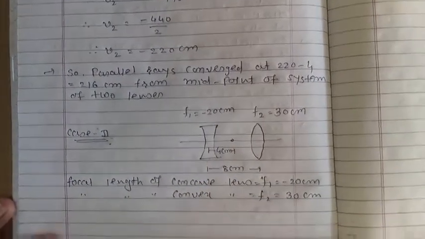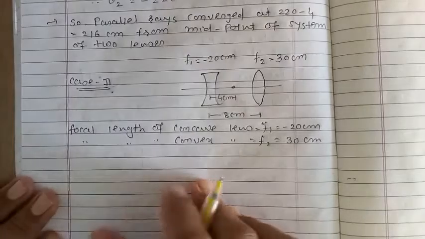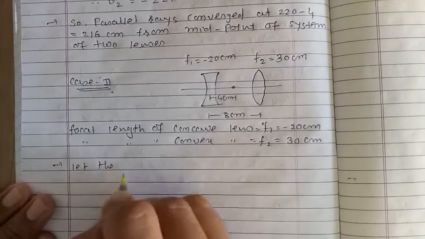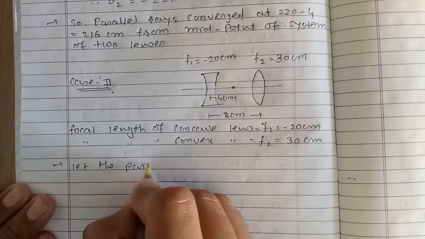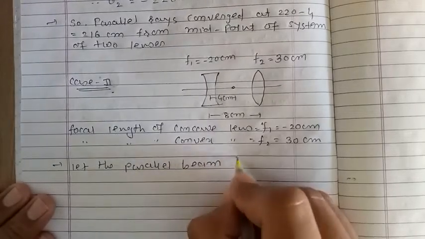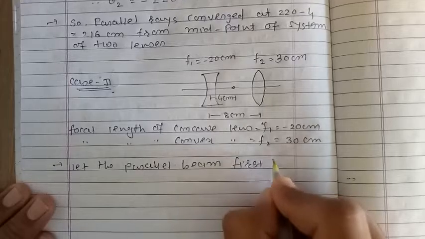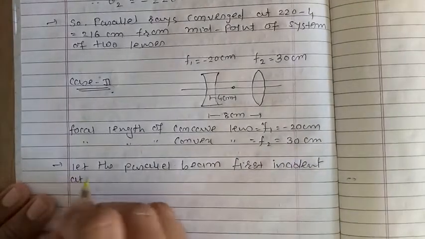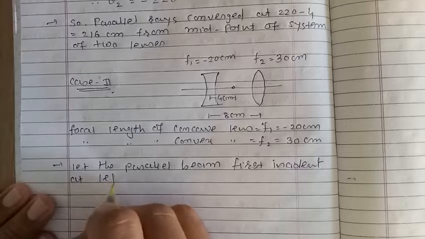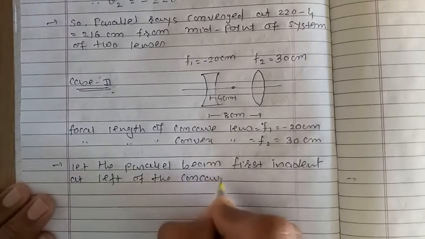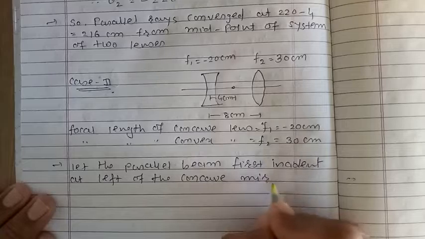Now we know that a parallel beam of rays is incident at our first lens, which is concave. So let the parallel beam be first incident at the left of the concave lens.